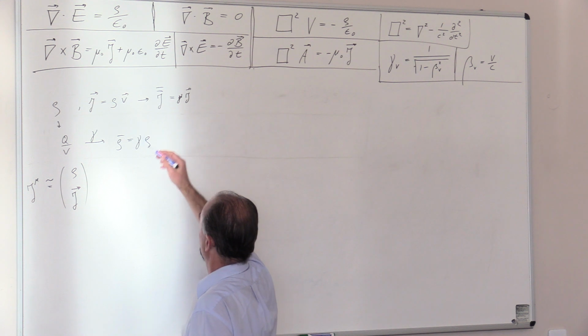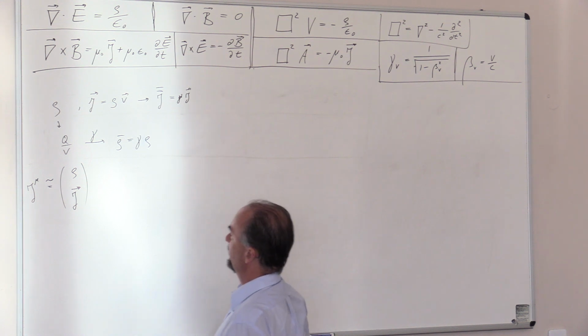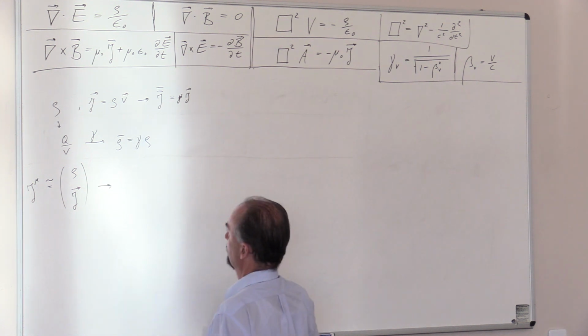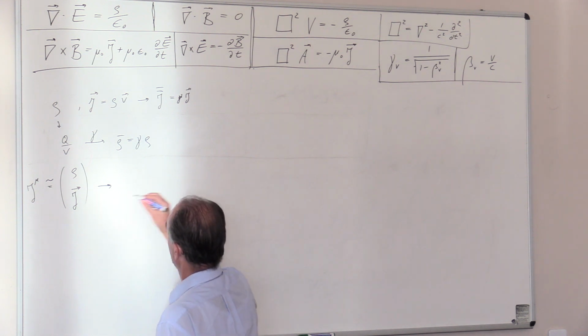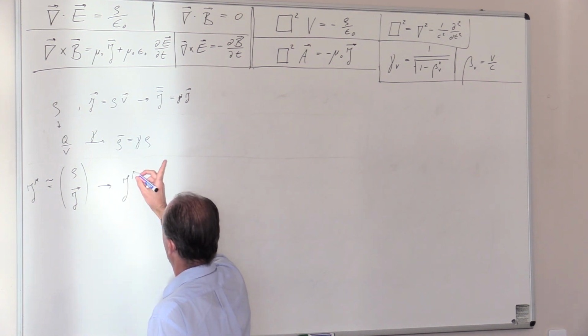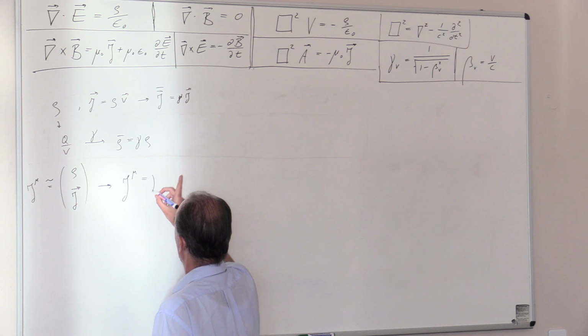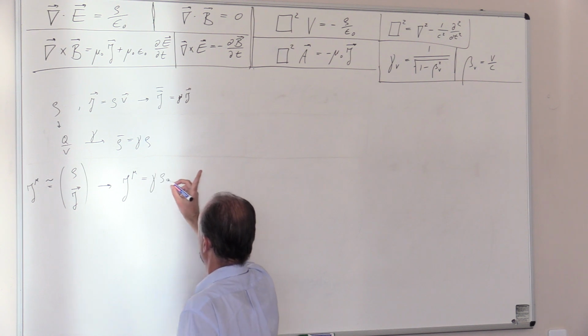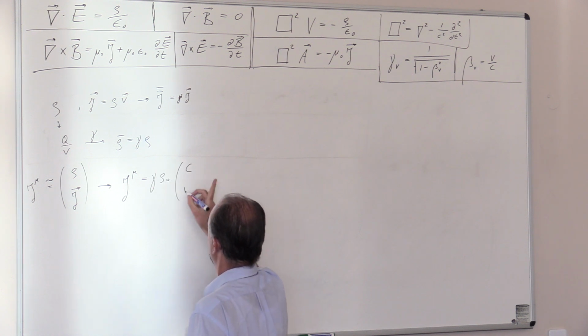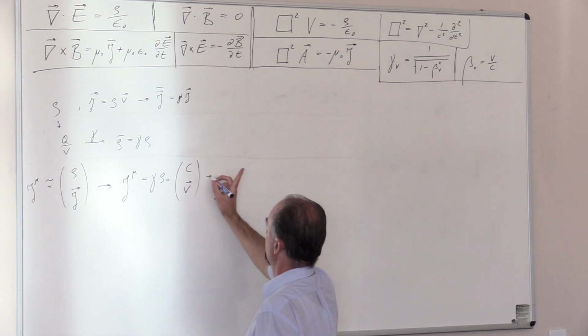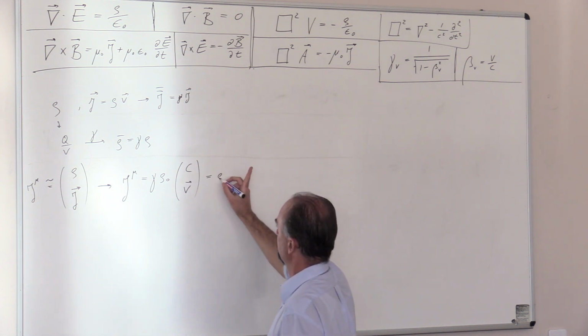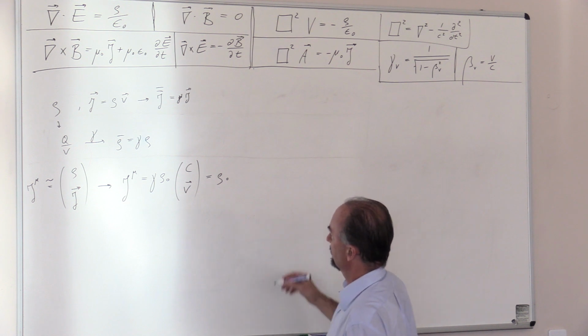To account for this relativistic transformation, what we want to include here is J mu as essentially gamma rho naught C and velocity V. But this means rho naught is essentially the rest charge density.